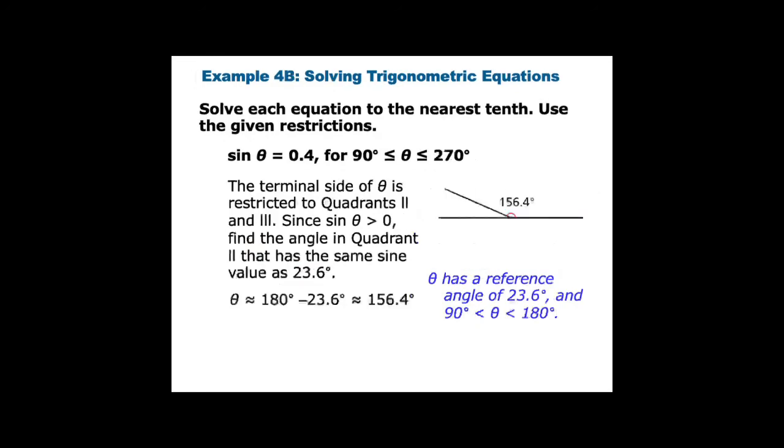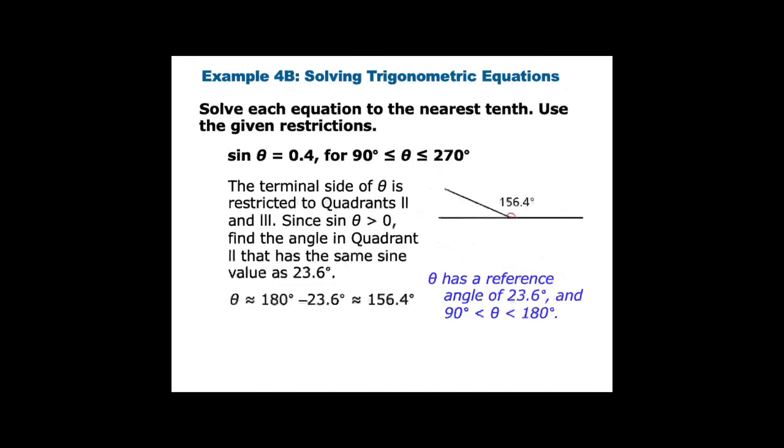Okay. Looking at the next one, sine of theta equals 0.4 for positive 90 degrees is less than or equal to theta is less than or equal to 270 degrees. So the terminal side of theta is restricted to quadrants 2 and 3.